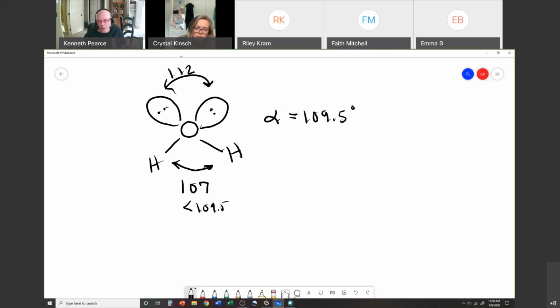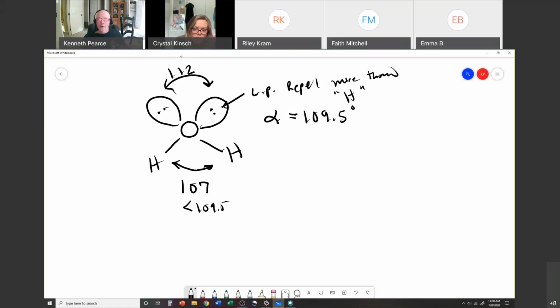It's less than 109 and a half is my point. The reason is because these lone pairs repel each other, but they repel more than the H's. And that's the reason why.